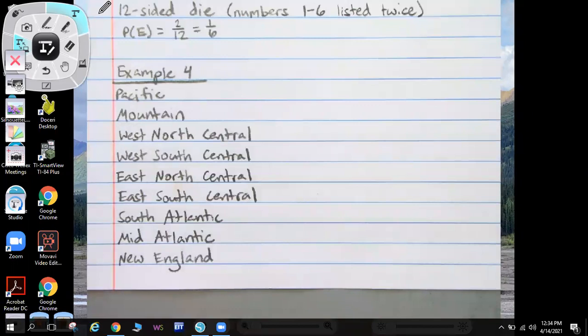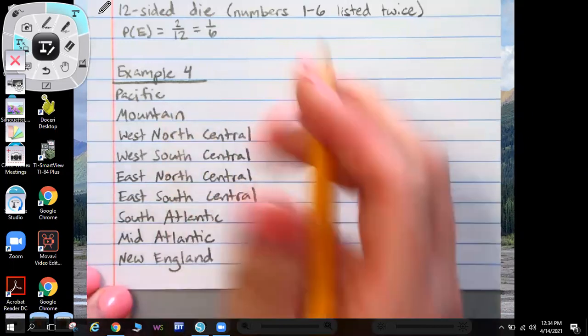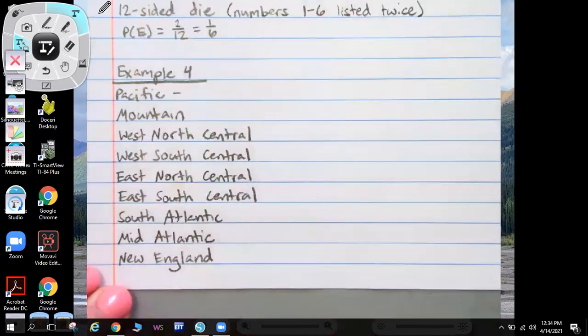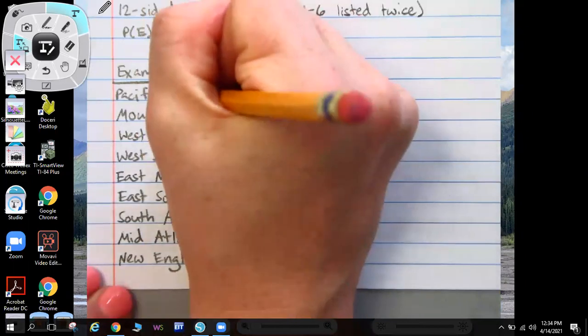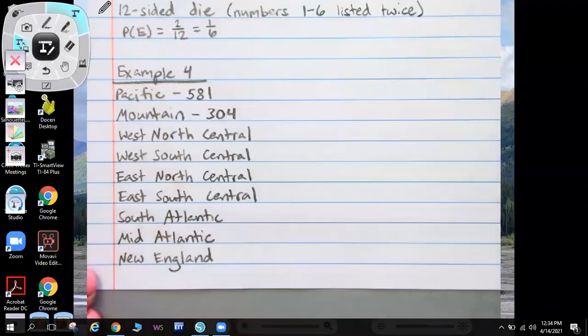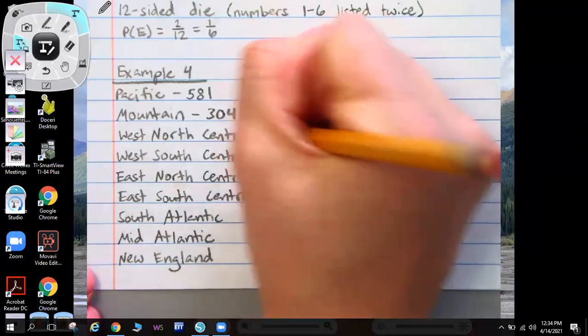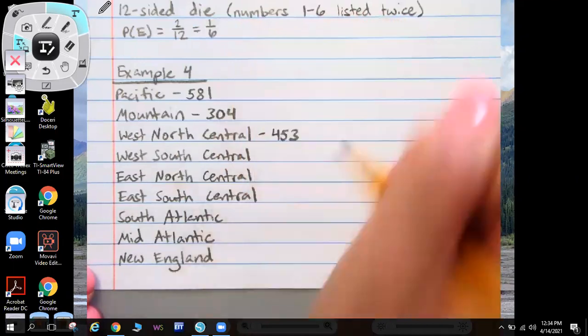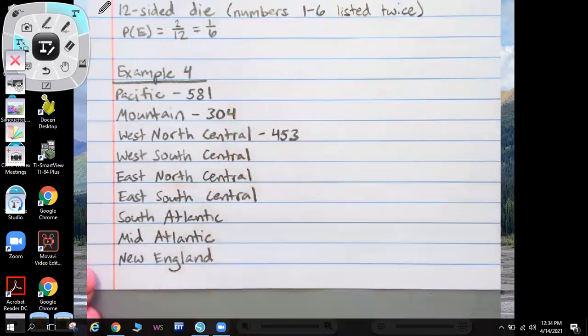Okay, those are all the different regions of the country. The number of colleges and universities in each of these regions: in the Pacific region, there are 581. In the Mountain region, there are 304. West North Central, 453. West South Central, 406.